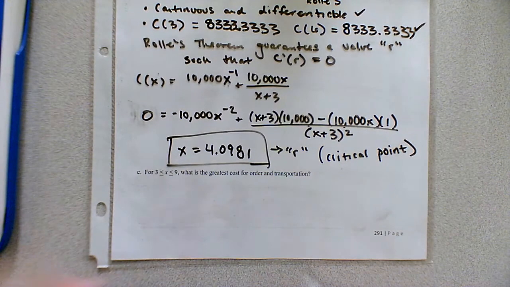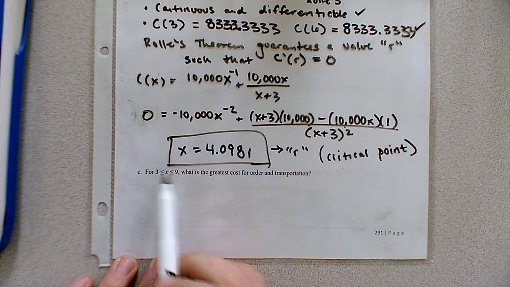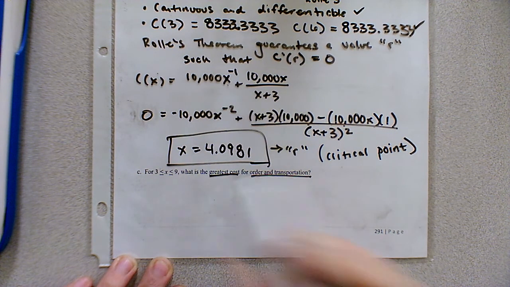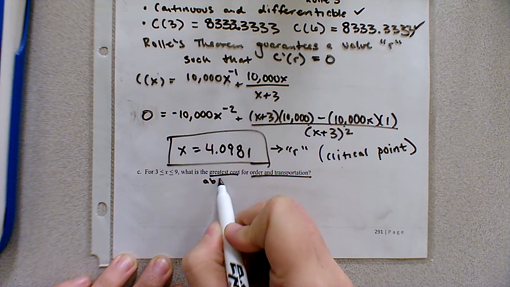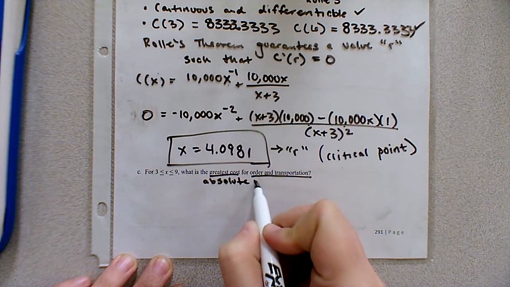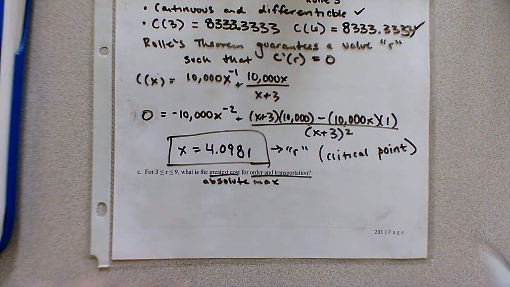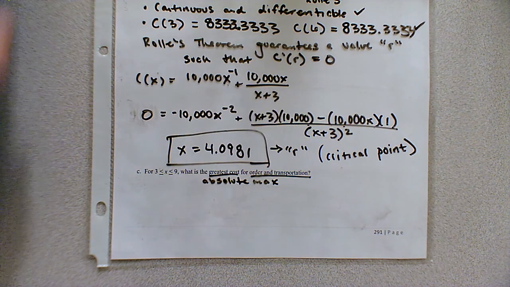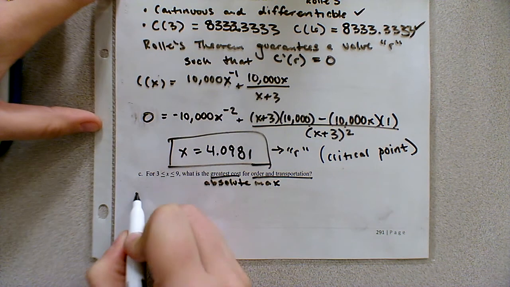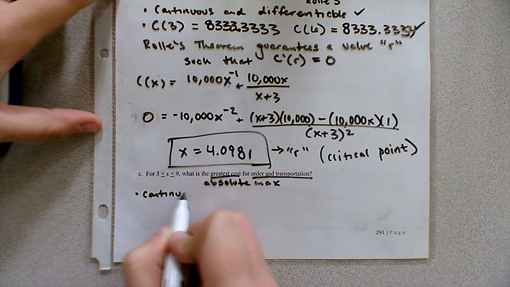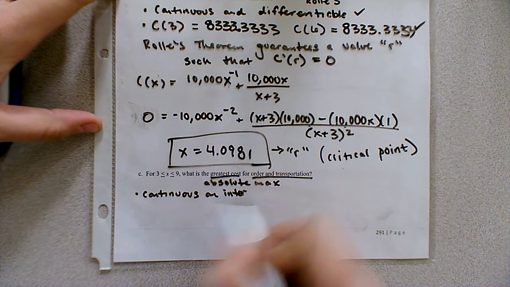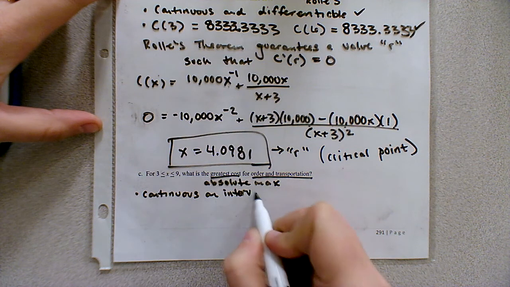All right, let's go ahead and check out the last one here. On the interval from 3 to 9, what is the greatest cost for order and transportation? So greatest, we're looking for an absolute max in this case. So thinking about our theorems, we're trying to use the extreme value theorem. We already know that we are continuous on the interval, because 0 and -3 are not within there.